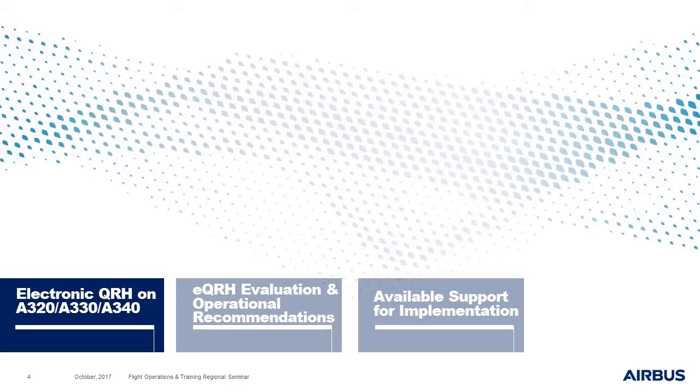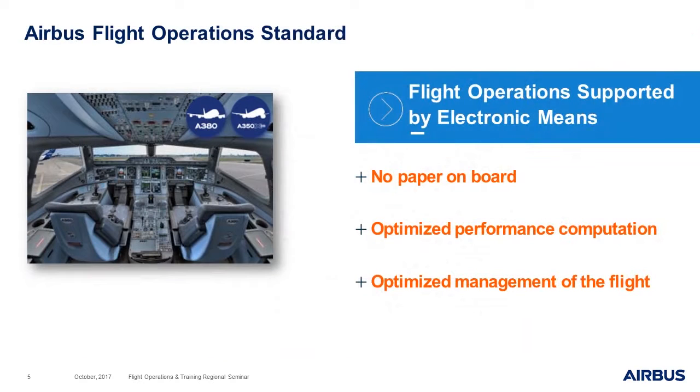So let's start with a short overview on the electronic eQRH. As you may already know, Airbus implemented some years ago a new flight operations standard on the A380 and A350 aircraft. This flight operation standard is based on operations supported by electronic means.